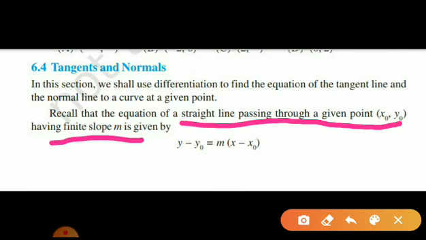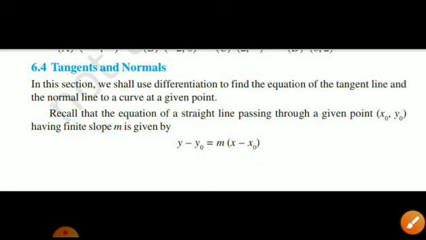You remember it: if the slope and a point are given, then the equation of the line is y minus y0 equals m into x minus x0.